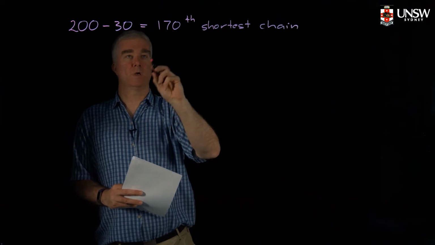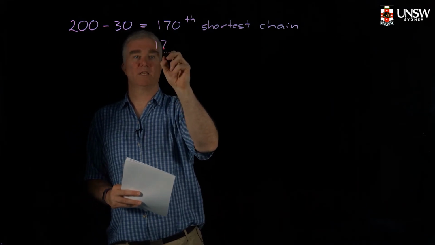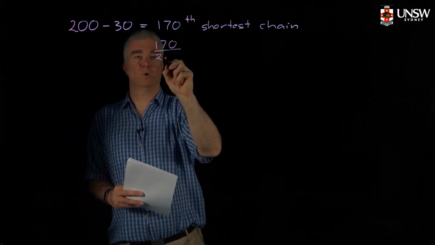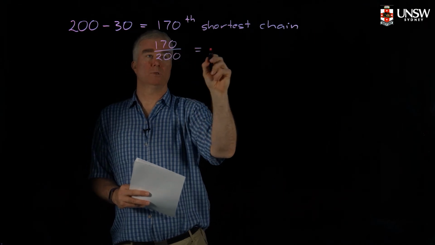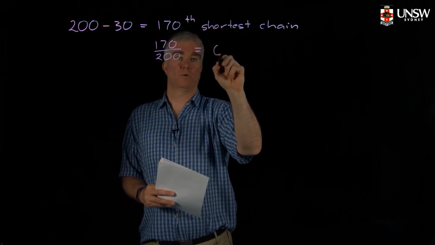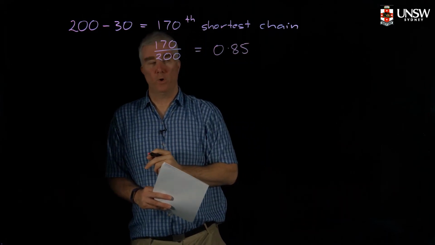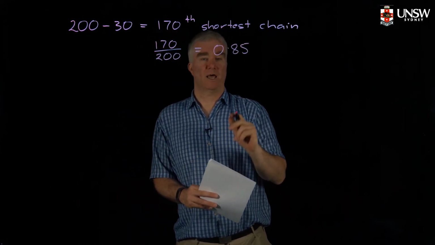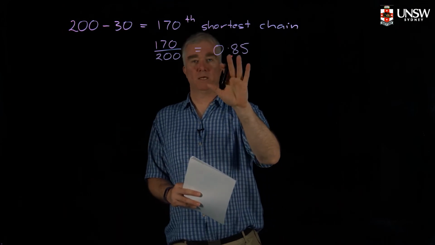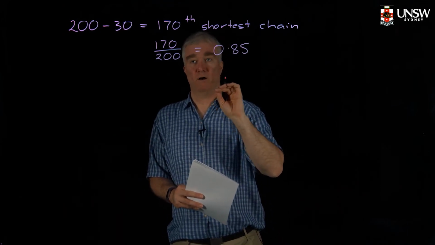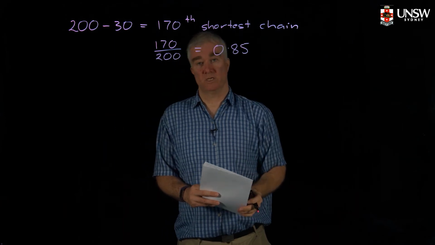And so 170 divided by 200 equals 0.85. So we want to know the chain that has a probability of 0.85 of being shorter than this.